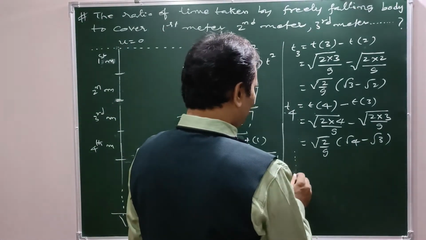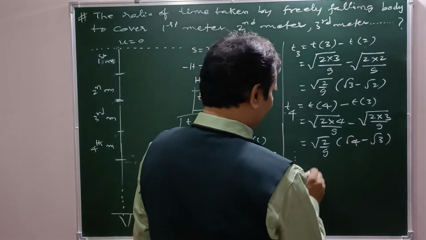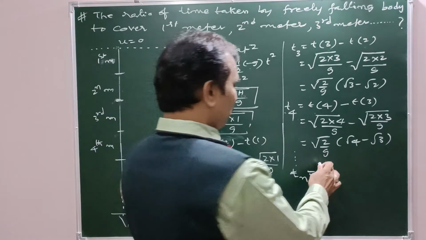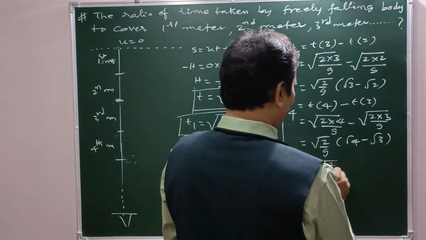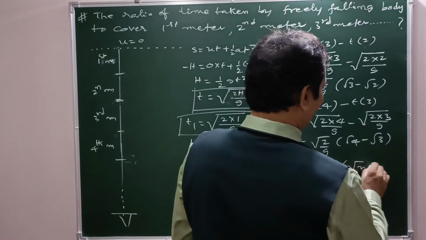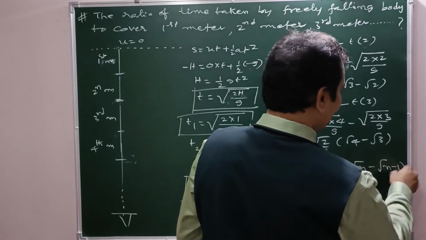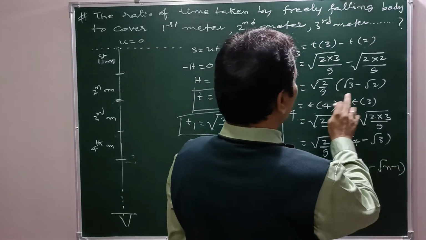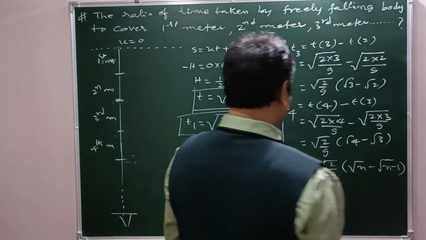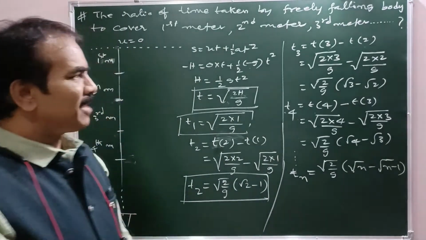Suppose up to so on, t suffix n equal to root 2 by g of root n minus root n minus 1. Here 4 minus 3, here 3 minus 2. Therefore root n minus root n minus 1. Now what is the common ratio here?